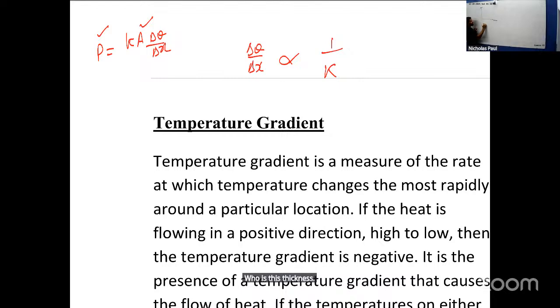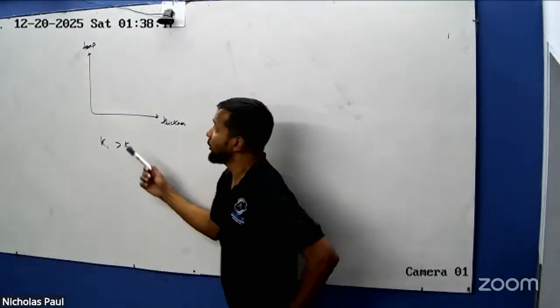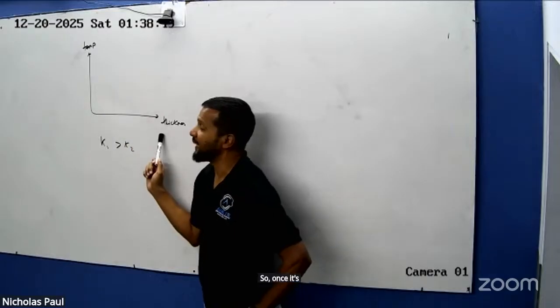I want you to draw a graph of two lines. One line for K1 and one line for K2. All right, online. So I wanted for a temperature versus thickness graph.